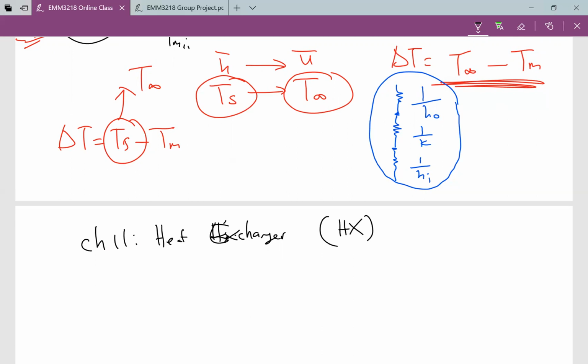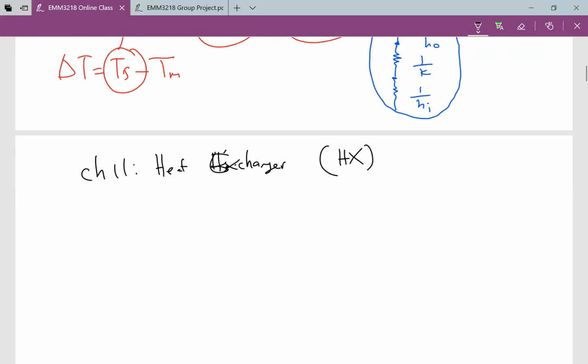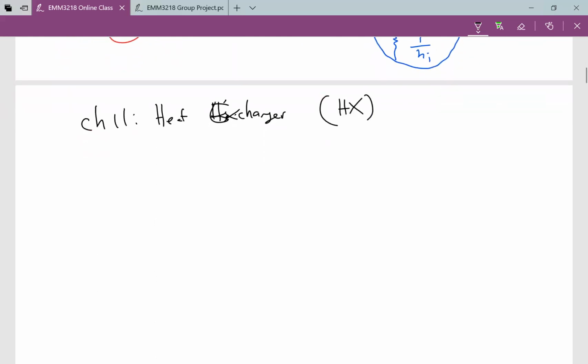There's a lot of improvement, but we're going to look at the basic heat exchanger, because if you understand the concept from this basic design, you can apply and extend it to more complicated designs. So we're going to consider the concentric tube heat exchanger.